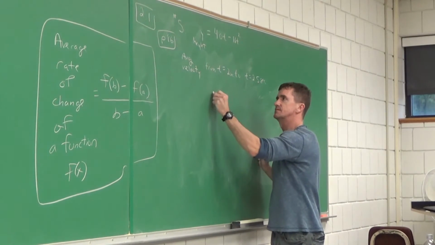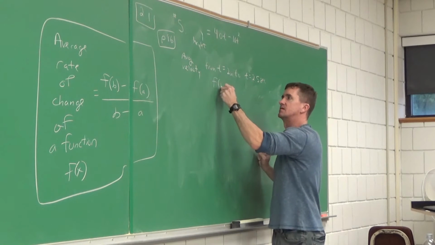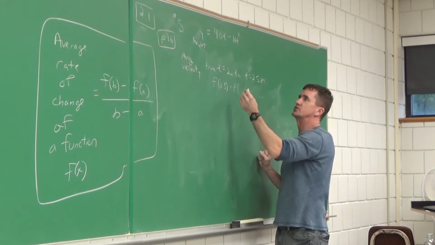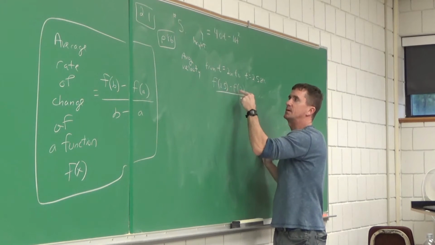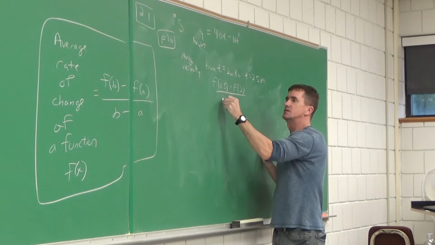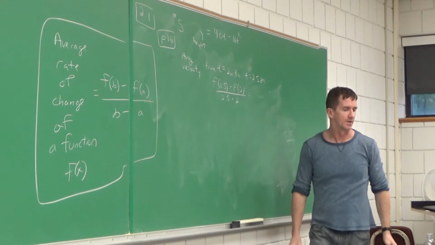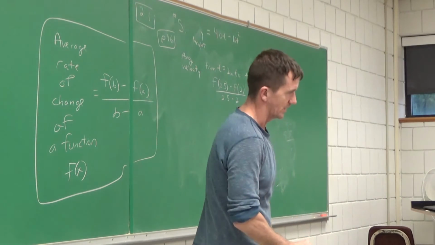All right, let's do it. f of b minus f of a all over what? Everyone feel free to use your calculators if you want. f of 2.5 minus f of 2 all over 2.5 minus what? 2. My rule of thumb is if 2 people get the same answer, then I know it's right.